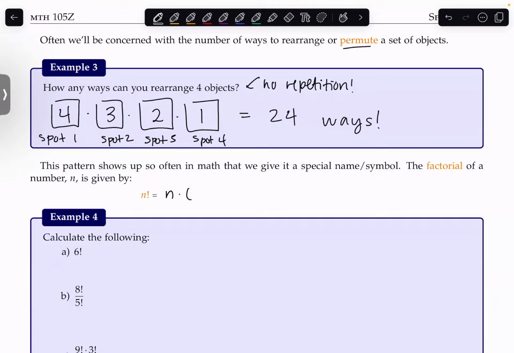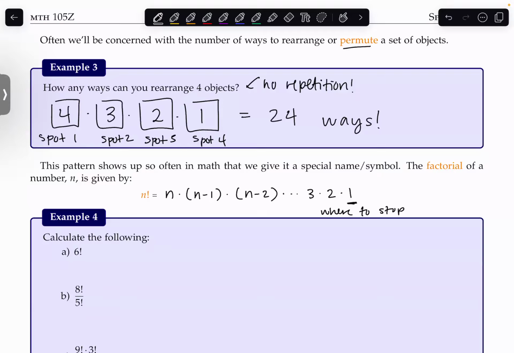So I want to go down, I want to subtract 1. That's the next number I'll multiply by, then subtract 1 more. That's the next number I'll multiply by, and I'll keep doing this until I get down to 2 times 1 all the way at the end. This is the place where I stop. And honestly, we could just stop at 2 because multiplying by 1 won't make a difference here. But this is our definition here.